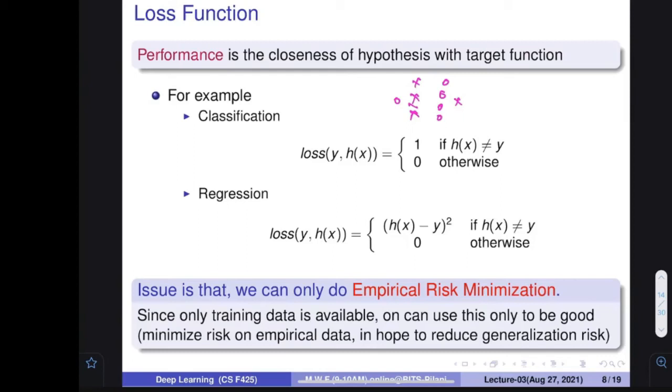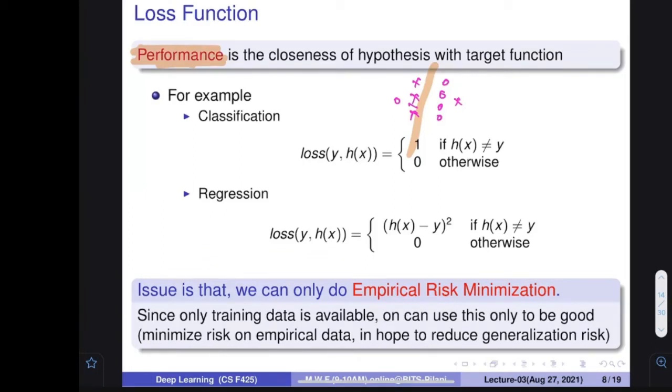Even if you come up with this particular line, that is perfectly right, because this is the best that you can do. There would be some places where there is a problem, and that problem is mathematically represented as a loss. If you want to find out the performance of your system, performance means how close your predictions are to the actual ground truth.